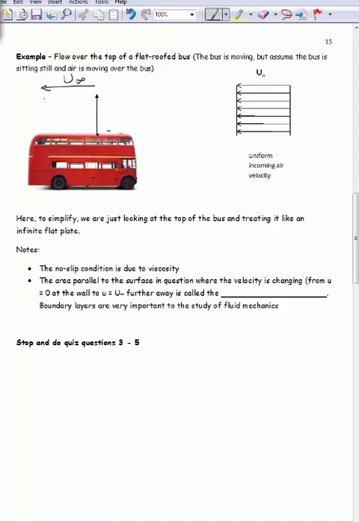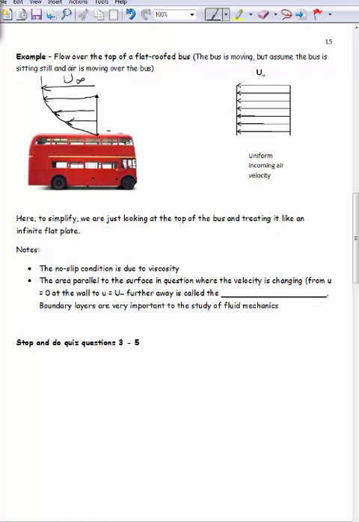Okay, and maybe a little closer even to the bus, it's still u infinity. That's where the bus is not affecting the flow. Okay, but between there and the bus itself, the velocity is going to be changing, and we can draw a velocity profile, maybe something like that, where here are our velocity vectors.